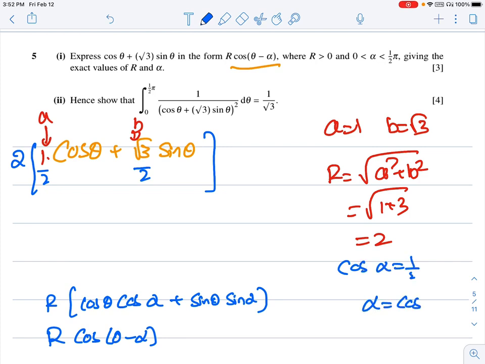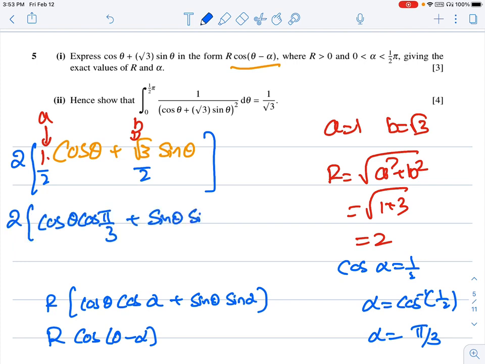Alpha is equal to cos inverse 1 upon 2, which is 60 degrees, pi by 3. So it becomes 2 cos theta cos pi by 3, and root 3 by 2 is sin pi by 3, sin theta sin pi by 3. So it becomes 2 cos of theta minus pi by 3. That's the answer. So alpha value is pi by 3 and r value is 2.